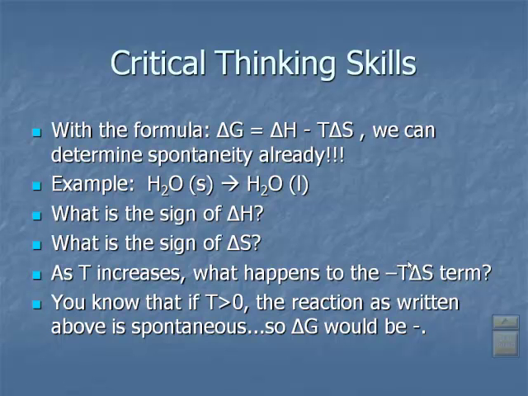This particular term will determine, for most circumstances, whether or not it can make it into the negative region. Remember, if delta G becomes negative, what does that mean? That means it's spontaneous. So this negative T delta S is incredibly important to remember. That's a little trick that people use to figure out if it's spontaneous or not.